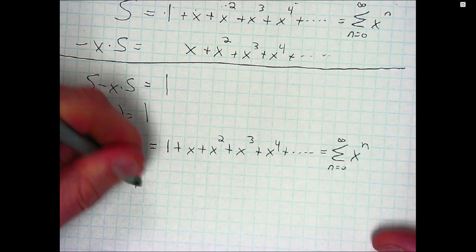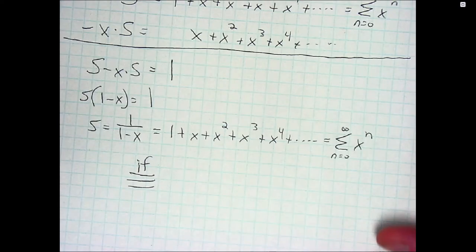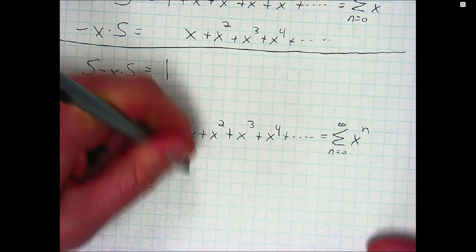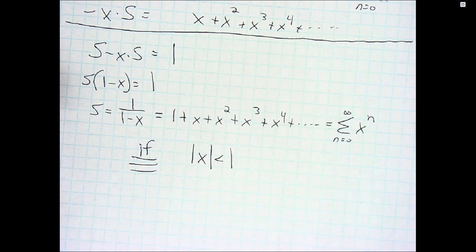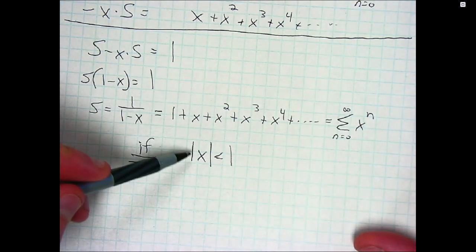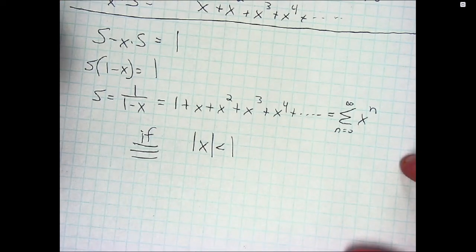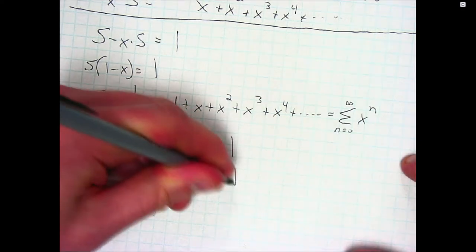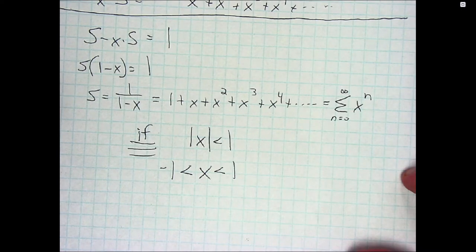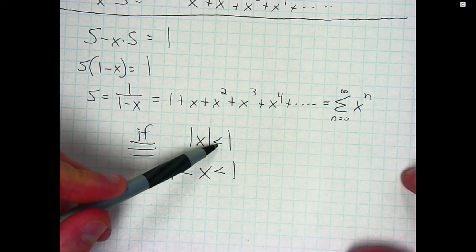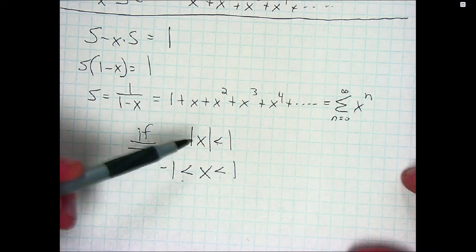And so we're going to put this big if here, right? These two things are equal as long as x is less than 1, and the other thing we have to take into account is negatives. And so I'm actually going to say if the absolute value of x is less than 1, which is equivalent to saying if x is between 1 and negative 1. Notice, importantly here, there's no equal bar under here.